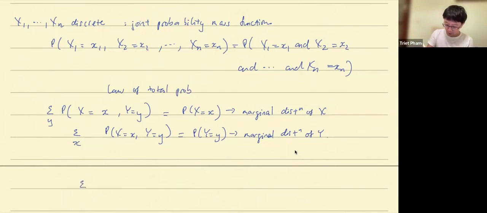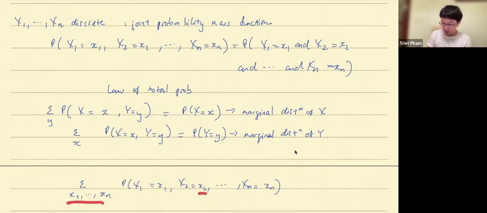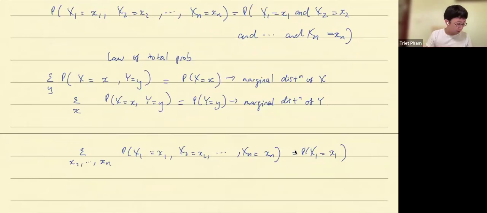It is a sum over all possible values of the remaining variables. What I mean by that is, you sum over all possible values of x2 up to xn, and then you get the probability of X1 equals x1.